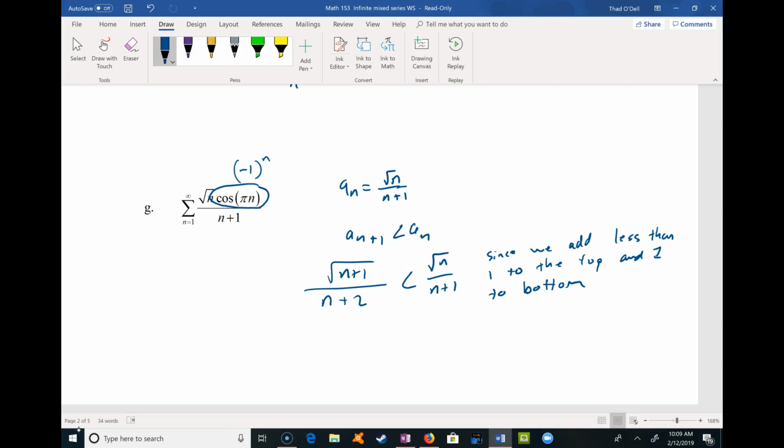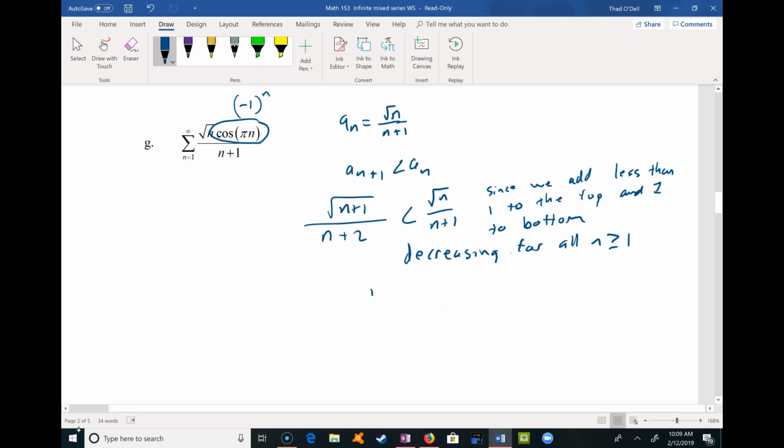In other words, the difference between the tops here is this is less than 1 bigger than that, and this is clearly 1 bigger than that. So this statement is true, which means it's decreasing, decreasing for all n greater than or equal to 1.